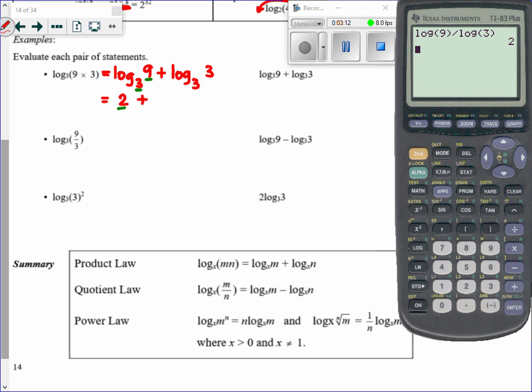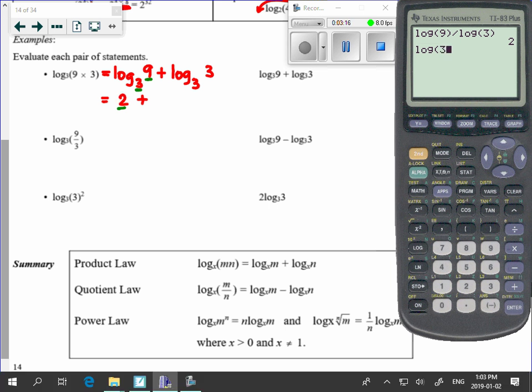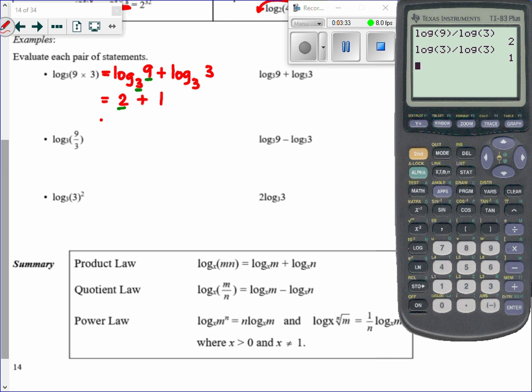If we did log base 3 of 3, if you plug this in on your calculator, log 3 divided by log 3, I think right away you can see what's going to happen. Whenever you have something divided by itself, the answer is 1, right? So log base 3 of 3 is 1. So log base 3 of 9 times 3 is equal to 2 plus 1, which is 3.